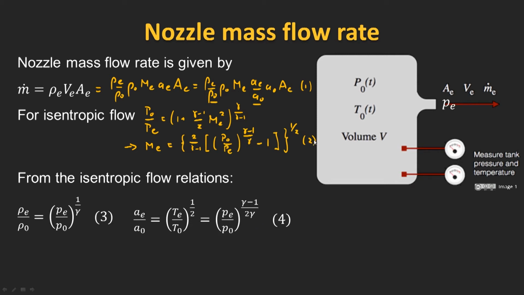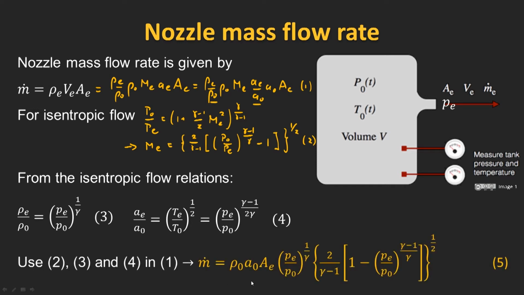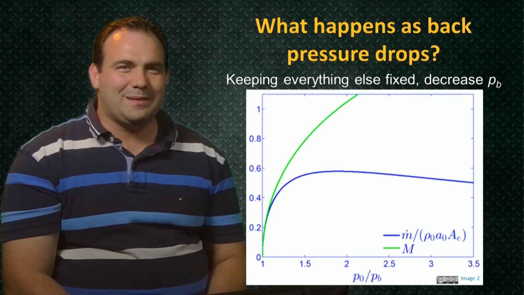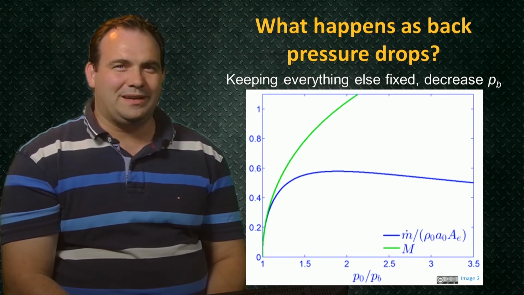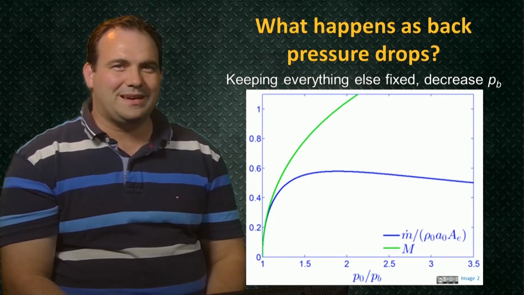So if we substitute equations 2, 3, and 4 back into equation 1, we obtain the desired expression for the mass flow rate in terms of those stagnation properties and the exit pressure PE, and we're going to label this equation 5.